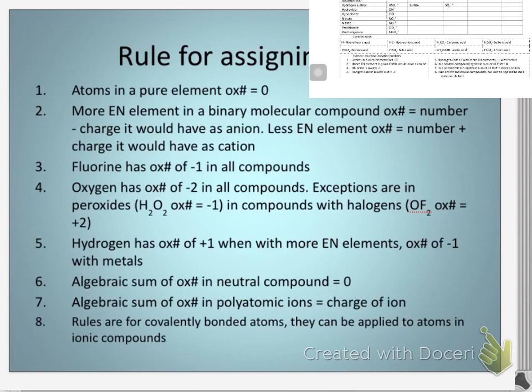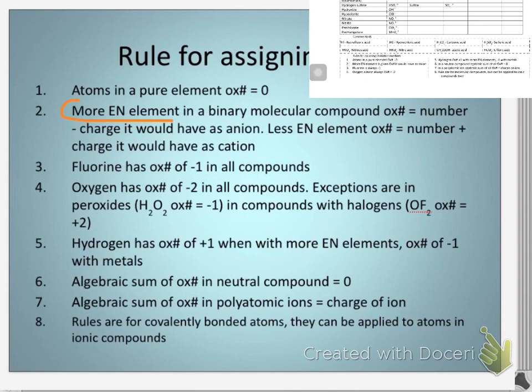If we look at a compound, we can figure out which element would have higher electronegativity. So remember, in general, that's moving towards the halogens on the periodic table and moving towards the top of each group. The more electronegative element in a binary molecular compound gets an oxidation number equal to the charge it would have had as an anion.